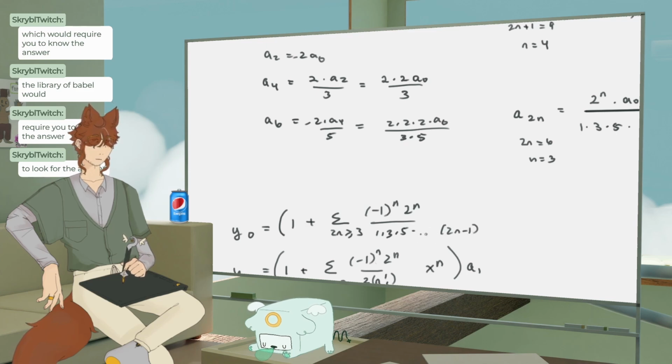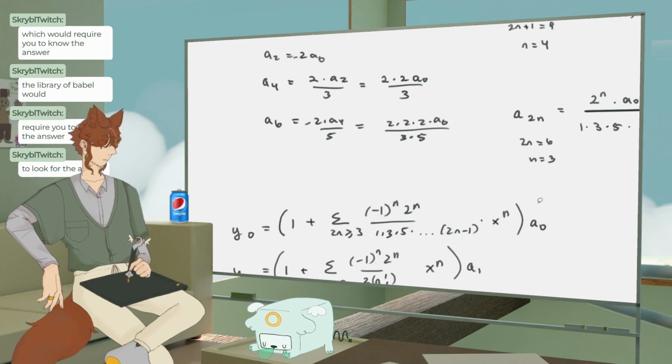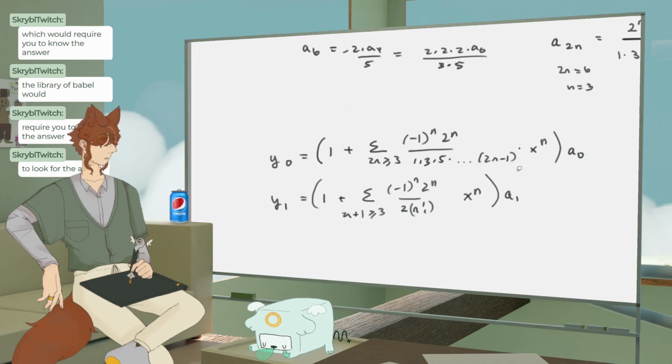I need a sigma for multiplication. What's the sigma for multiplication? Does anybody know? There is something like that, right? I like how mine just got bigger as I went across. There we go. Okay, well, that's that.